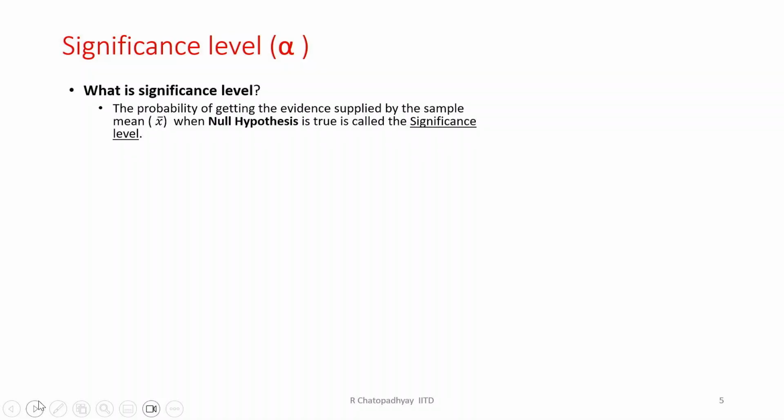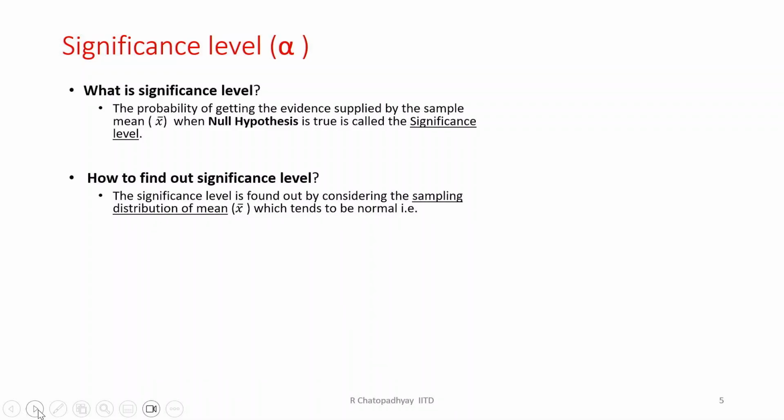The probability of getting the evidence supplied by the sample mean when the null hypothesis is true is called the significance level. How to find out the significance level? The significance level is found out by considering the sampling distribution of means.